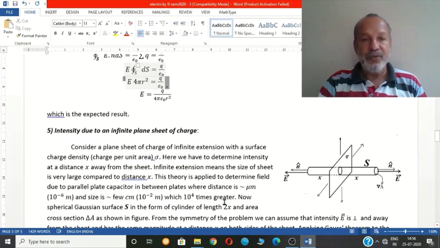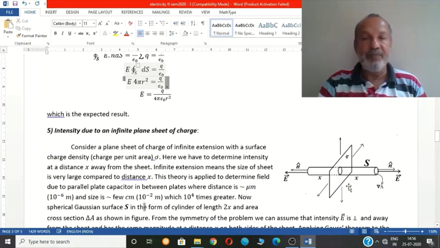So in order to use Gauss's theorem, we require a closed surface. So we consider a distance x on one side of the plate, a plane charge distribution, and we consider the same distance on the other side also, so that we can safely assume that the field here is the same as the field there, because both are equidistant.